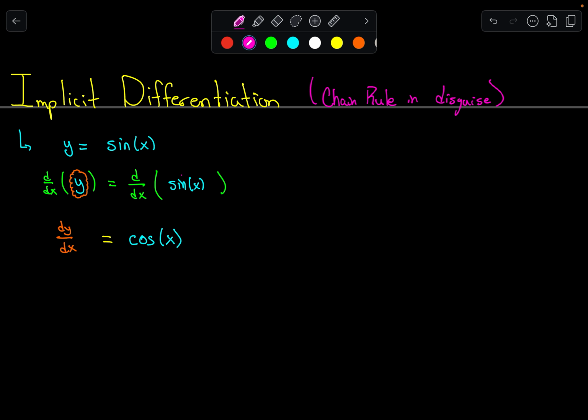Because if I wanted to, I could identify that this is like my outside function and this little x right there is my inside function. And I could, in theory, say that the chain rule is taking place, right? The derivative of sine of something just becomes cosine of that something, which is, by the way, what we got. And then we do the derivative of the inside, which in this case, the derivative of x with respect to x is just 1.